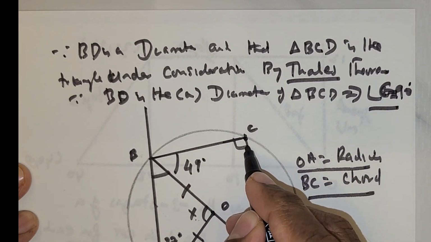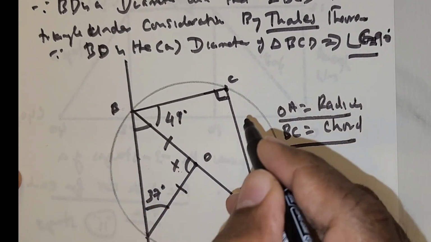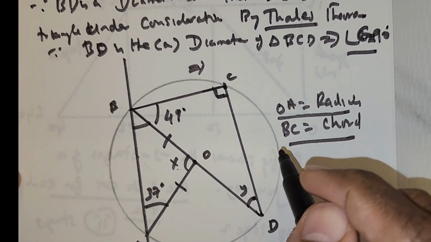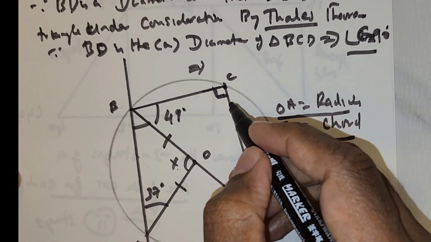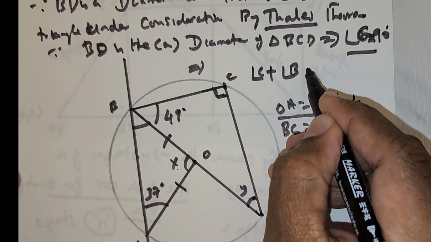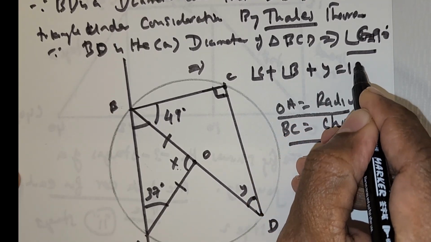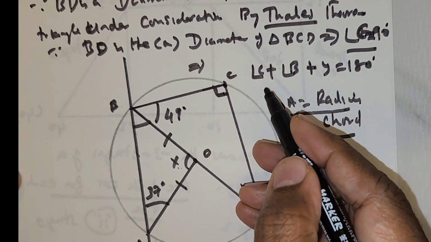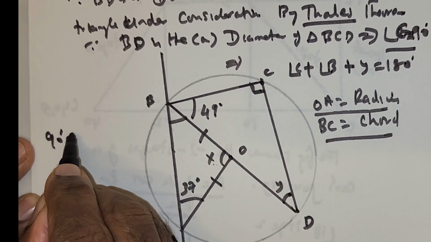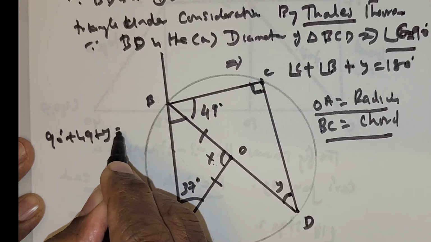Okay, so this in turn means by the geometry of the triangle, angle at C plus angle at B plus Y is equal to 180. I'm going to use the space here. Angle at C is 90, angle at B is 49, angle Y is needed.